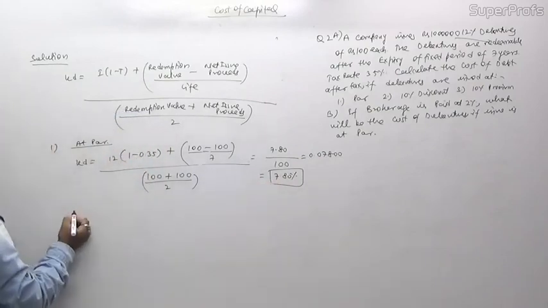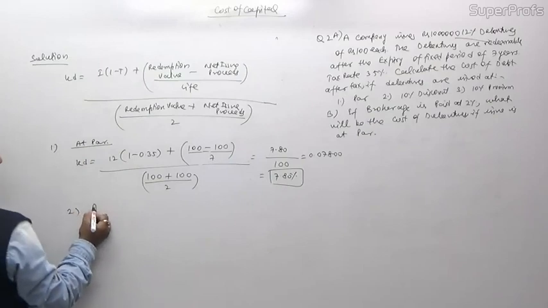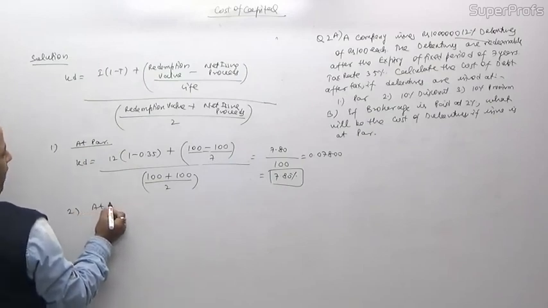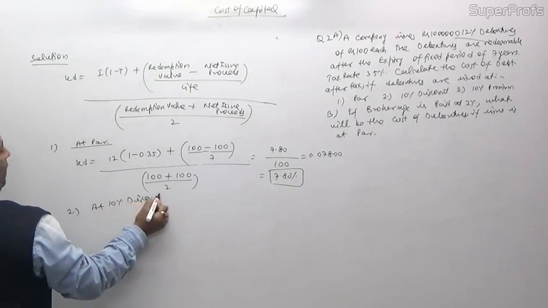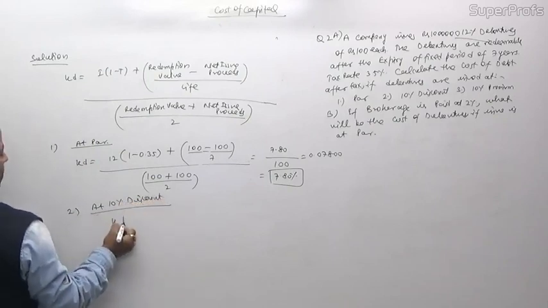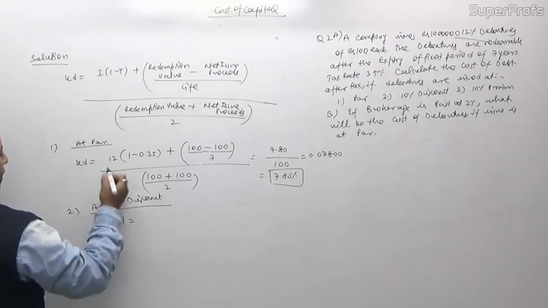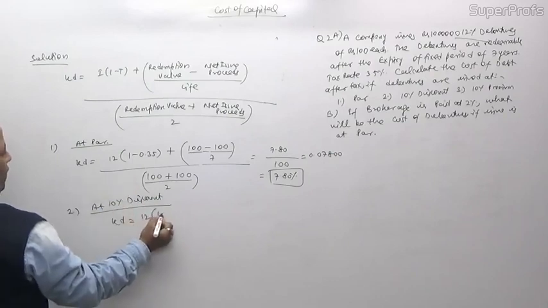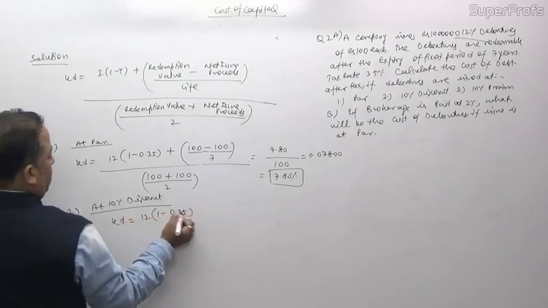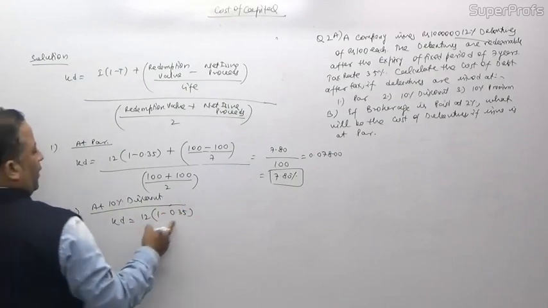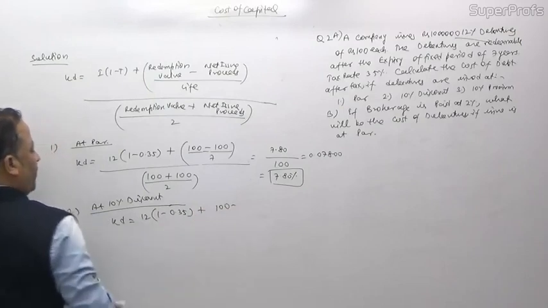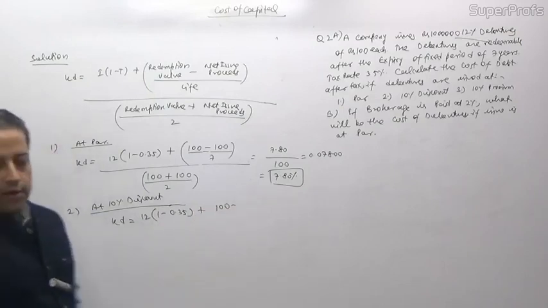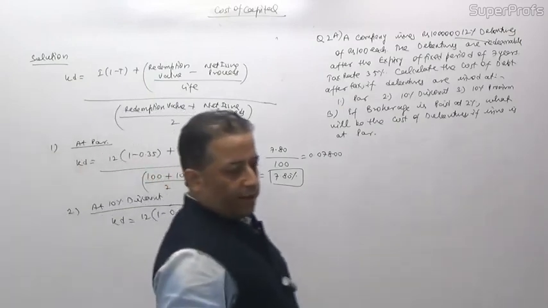7.8%. In the second case, debentures are issued at 10% discount. So the KD is equal to interest rate 12, 1 minus tax rate 35%, redemption value 100, net issue proceeds. The face value is rupees 100.